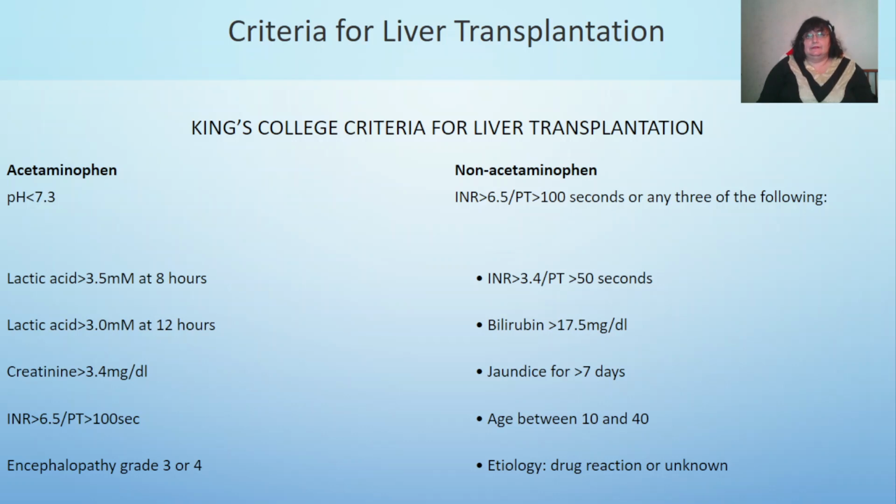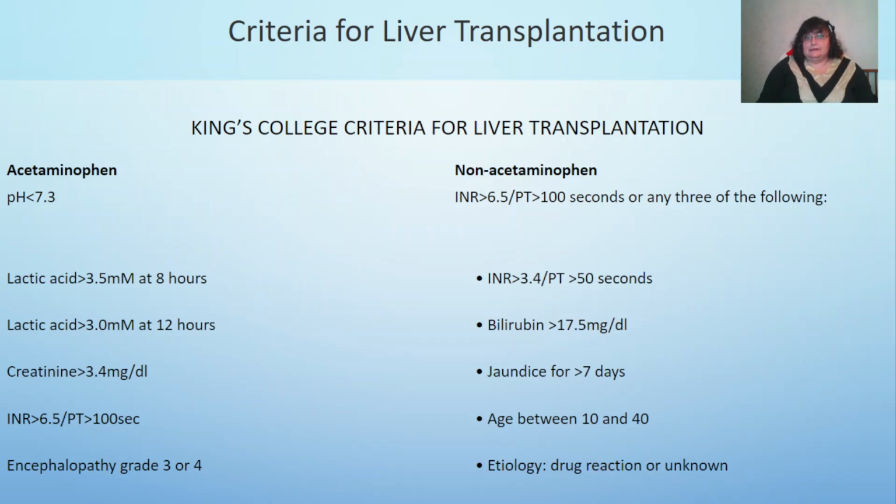Criteria for liver transplantation. King's College criteria for liver transplantation: acetaminophen and non-acetaminophen drug-induced liver injury. For acetaminophen: pH less than 7.3. For non-acetaminophen: INR more than 6.5, or PT more than 100 seconds, or 3 of the following.